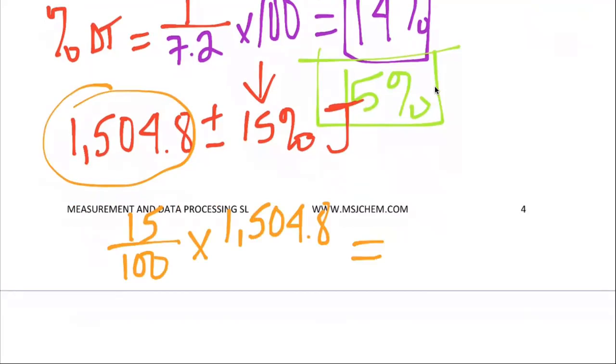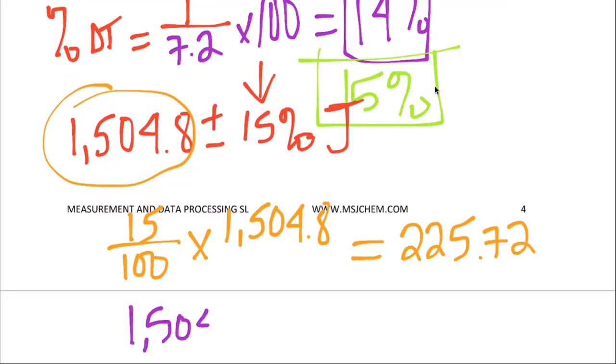So that gives me 225.72. And so to finish this, what I would finally write is 1,504.8 plus or minus 225.72 joules. So that's my final answer.